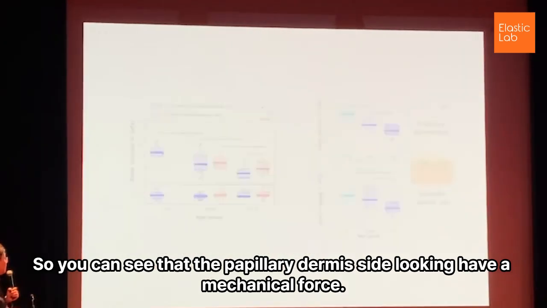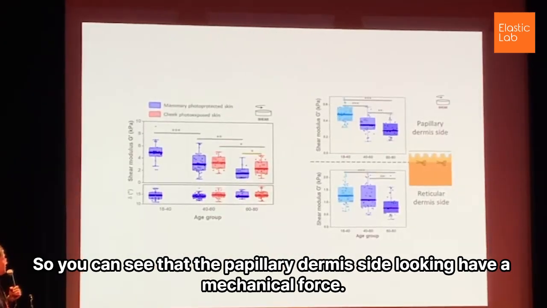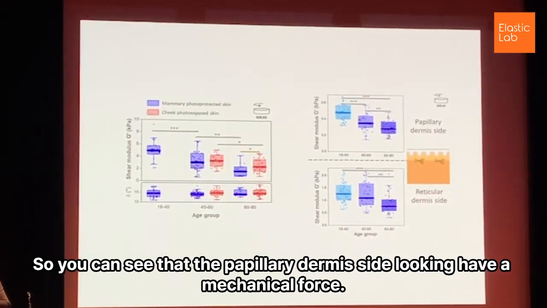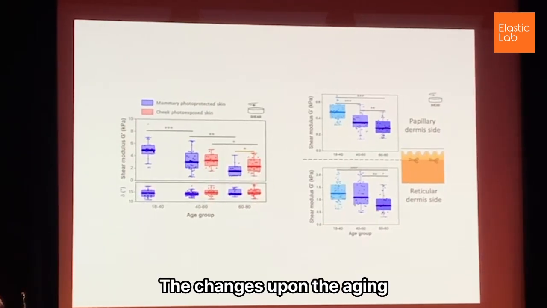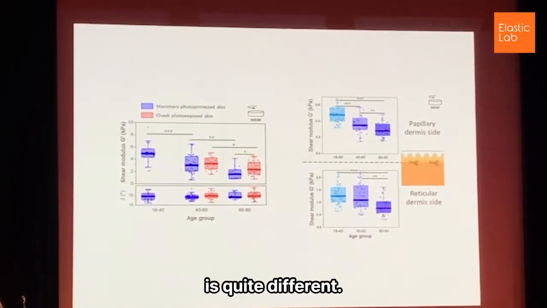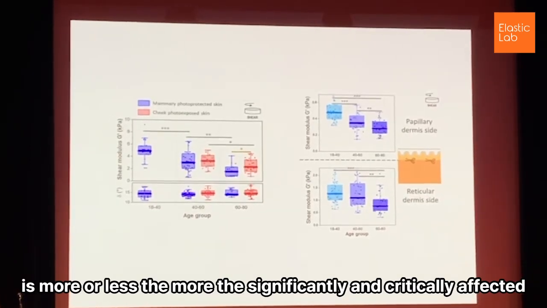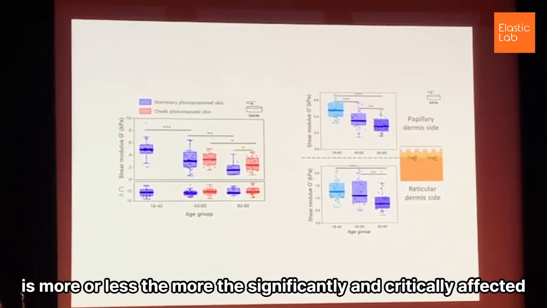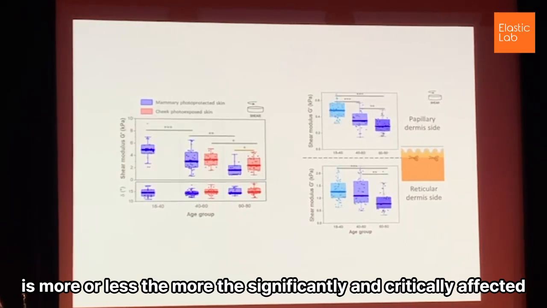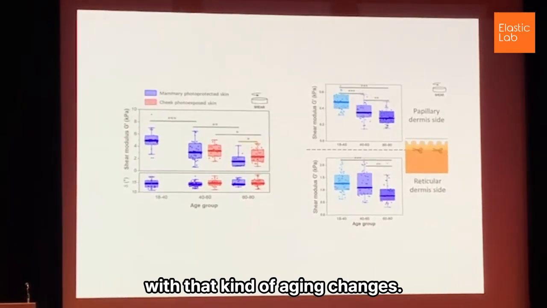On the papillary dermis side, you can have mechanical force, and the changes upon aging are quite different. The papillary dermis is more lax and is very significantly, critically affected by aging changes.